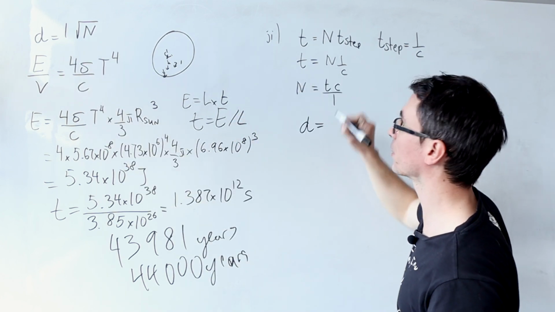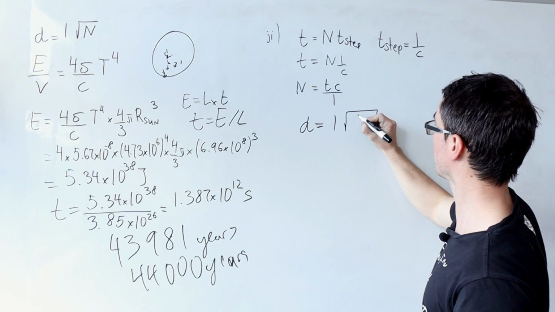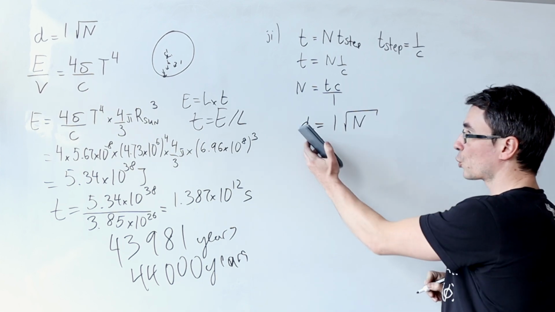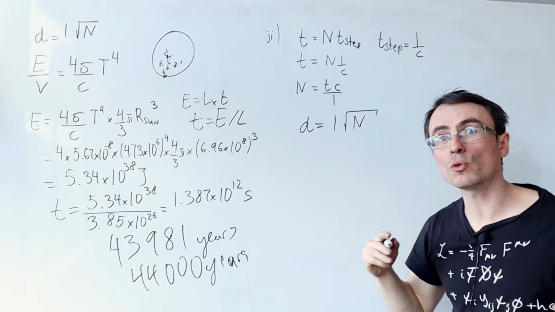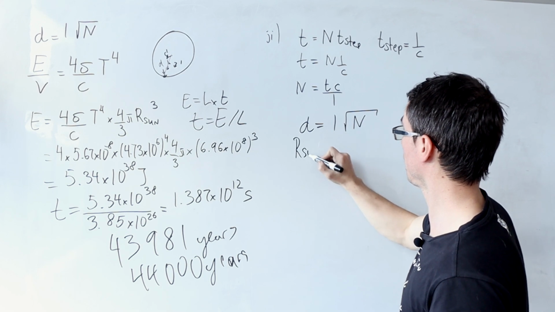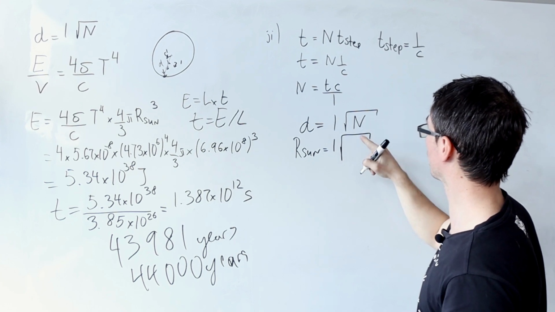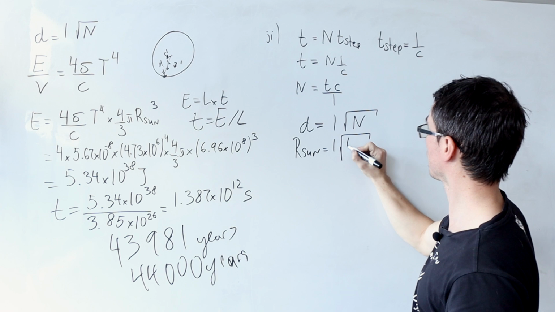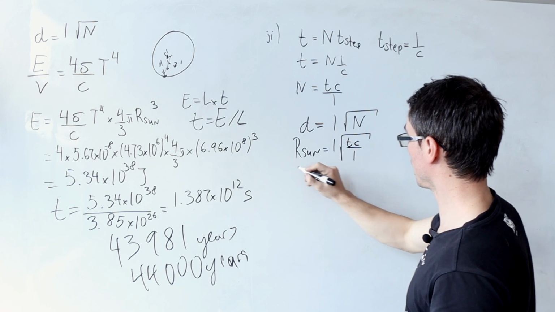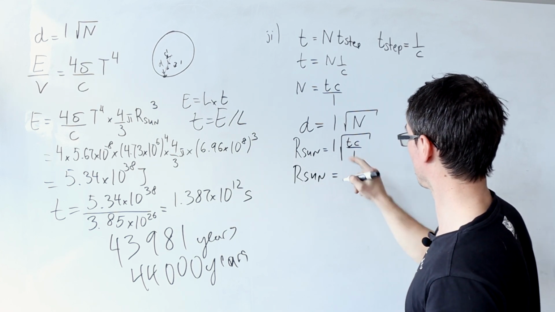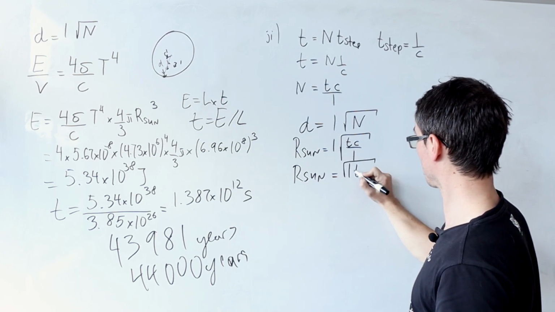The total displacement is equal to the mean free path, this is just a random walk equation which has been nicely given to us, multiplied by the square root of N. The total displacement, this is actually D, will just be equal to the radius of the sun, and that's going to be equal to L times the square root. Now, rather than N, I'm going to write T C over L, and okay, let's tidy this up. So L divided by the square root of L will just give me the square root of L T C.